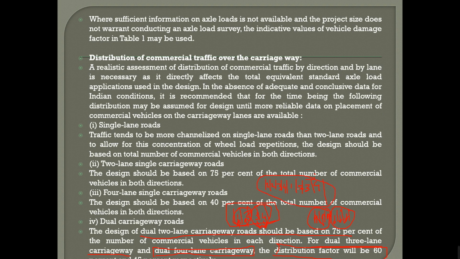4 lanes are meant for ongoing traffic, and another 4 lanes are meant for opposite traffic that comes from destination to origin. So what is the distribution factor? Initially, the total percentage of vehicles that could be running upon the dual 2-lane carriageway, the 4-lane road, was 75. For a 6-lane road or dual 3-lane carriageway, this has reduced to 60.